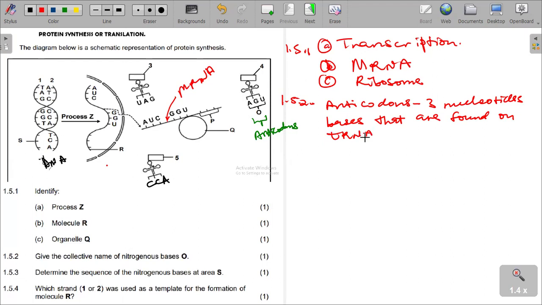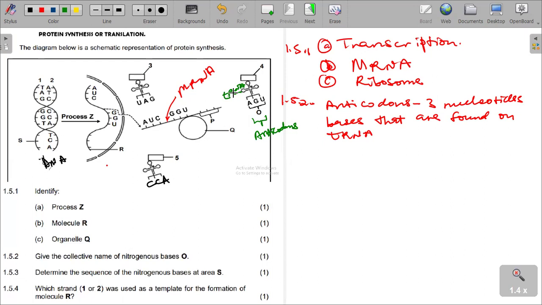You can see this is a tRNA, this one. So the tRNA, this one, we are saying this is our tRNA. So tRNA contains the anticodons.